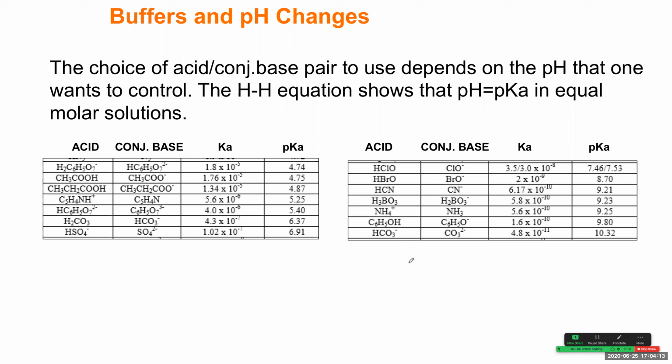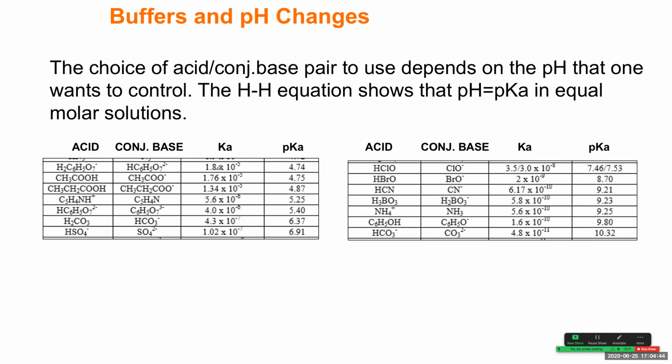The Henderson-Hasselbalch equation, we're going to learn about that in the next slide. It's a little early. Anyway, it shows that pH is equal to pKa in an equal molar solution. So if you have an equal molar solution of acid and conjugate base, the pH equals the pKa.